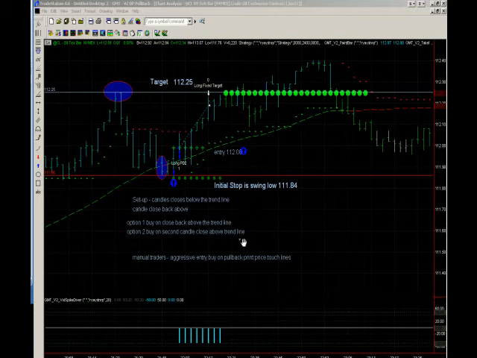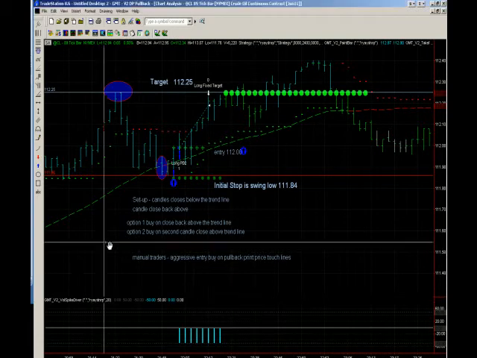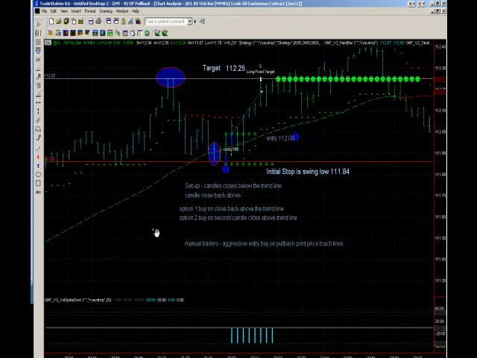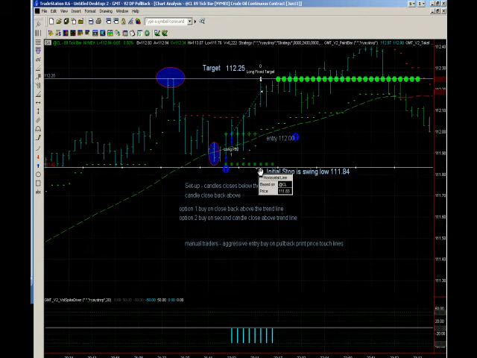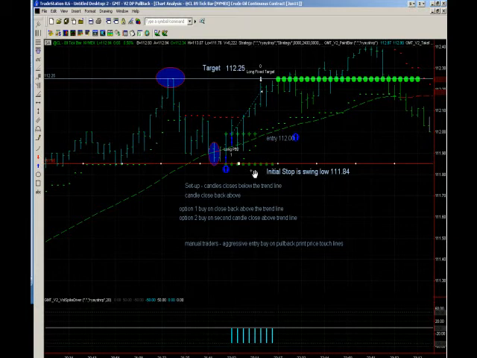Now, one thing I wanted to clarify is that if you are manually trading the pullback system, you can utilize this support line that prints up just to confirm the pullback here. You'll see the dots here. You can use that as a potential entry point because a lot of the time the market does trade through this area.